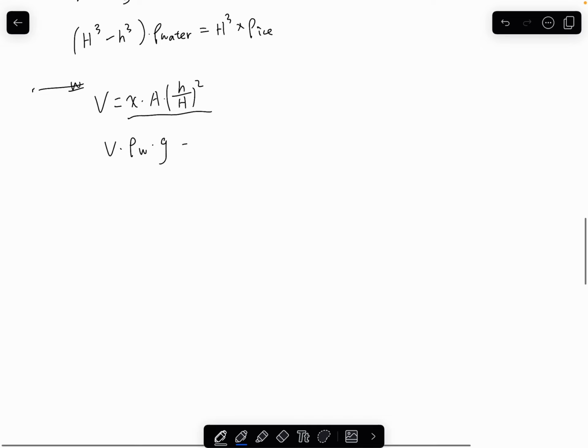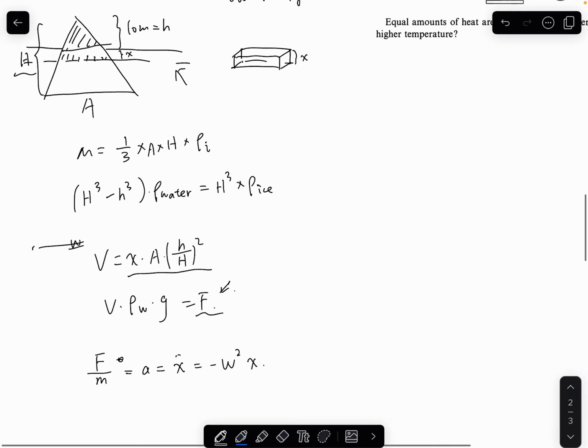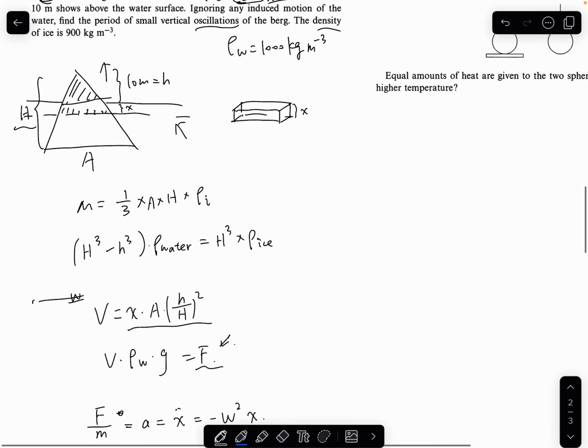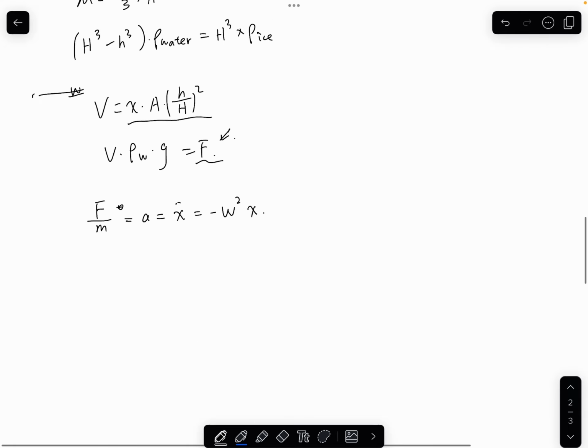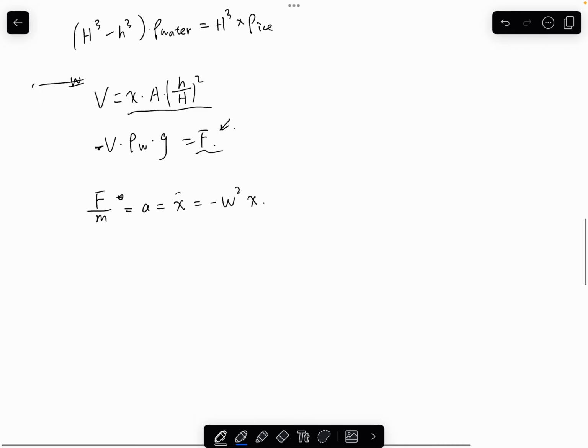So this equals F, and we know that F divided by m equals a, the second derivative of x, and it equals minus omega squared x. Because this F is actually upwards when x is positive, here's a minus sign.